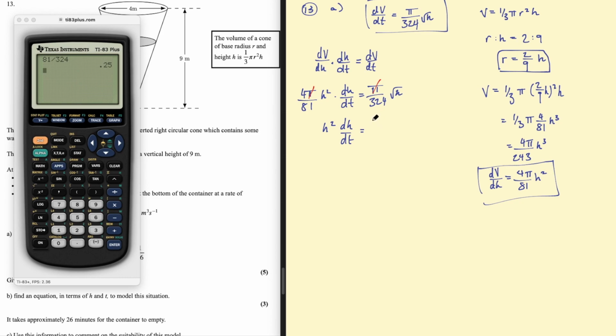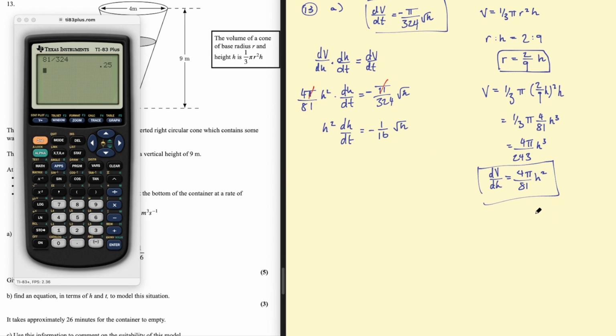And actually, I've also forgotten another small detail here, which is because this water is draining, this rate is actually negative. In other words, the volume is decreasing over time. So we need to introduce a negative to signify that this is a negative rate of change. So this is going to be negative 1/16 root h, and then divide by root h on the left.